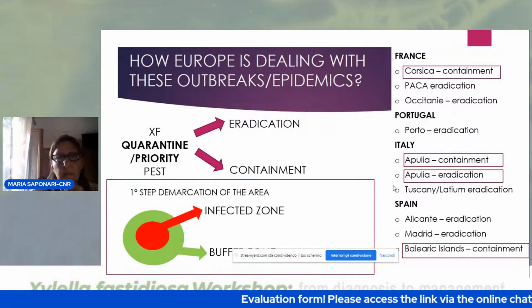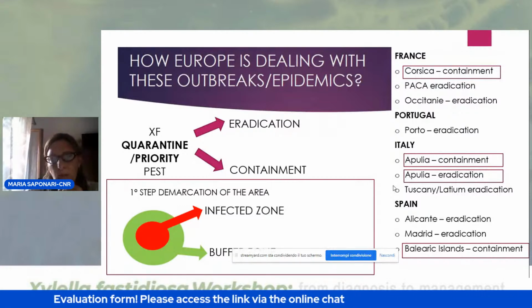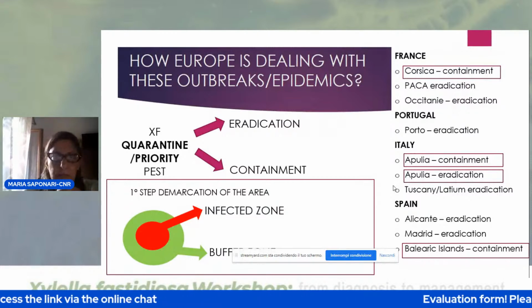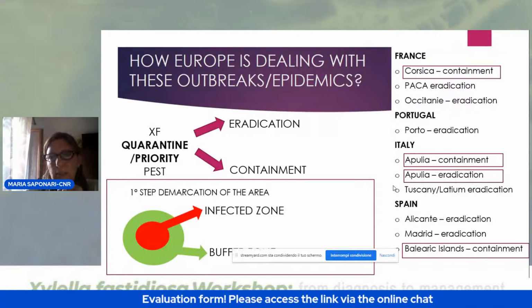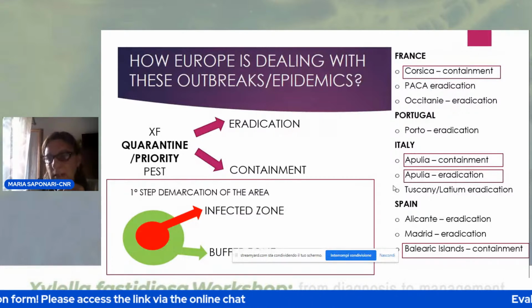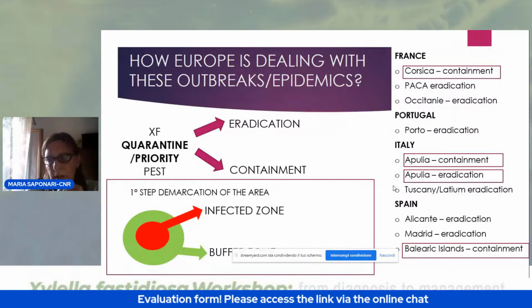While containment measures apply in those areas where the spread already has an endemic or epidemic pattern. And as you can see here, in Corsica, for example, the whole island has several outbreaks. So Corsica is under containment, as well as our region in Italy, the Apulia region.